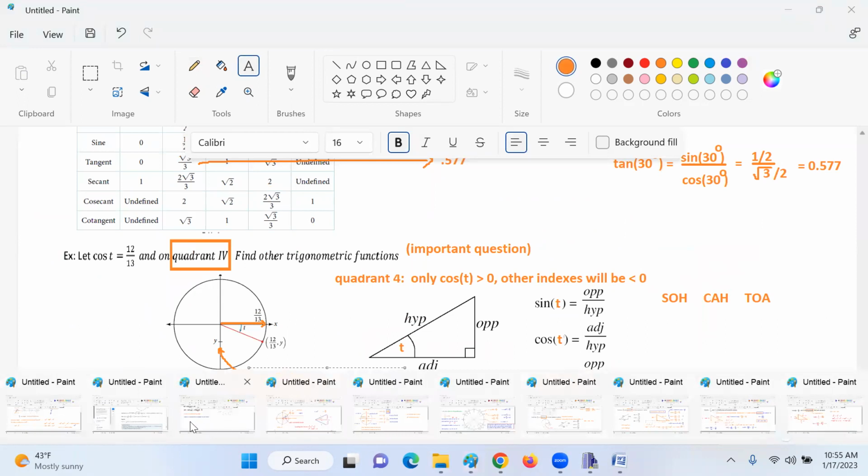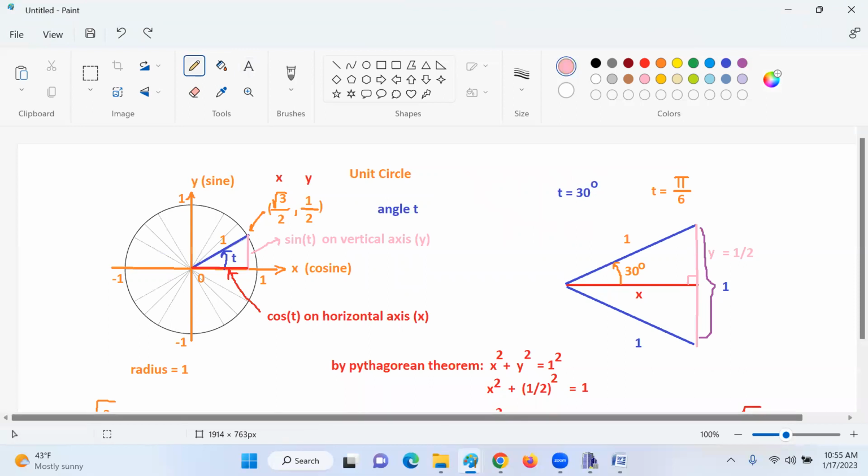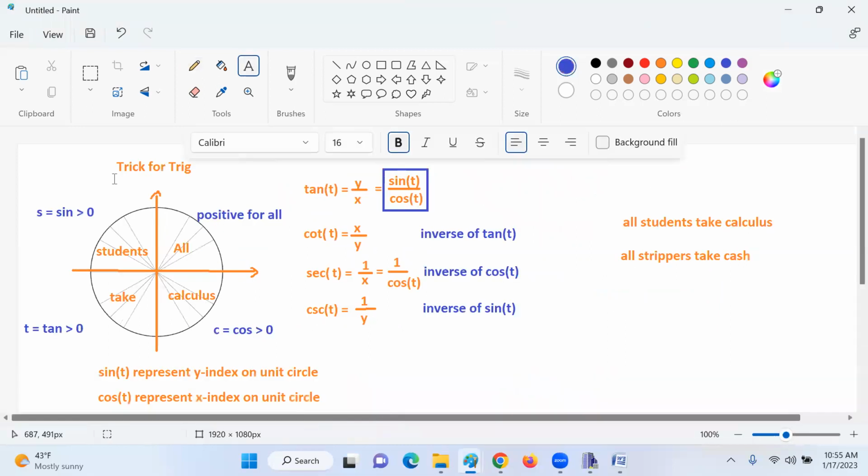Where's the rule that we have? No, I don't see it. Oh, right here. All Students Take Calculus, the trick for trigonometry. Positive for all of them. The T would be the tangent positive, and then the other things will be negative.